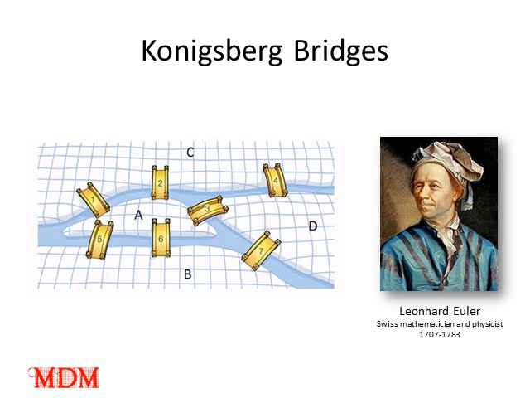Now, young couples especially enjoyed this Sunday afternoon pastime, and soon it became a game to see if it was possible to travel over each of the 7 bridges only once and to visit each of the land masses. So, it's very similar to the kinds of problems that you were doing earlier.